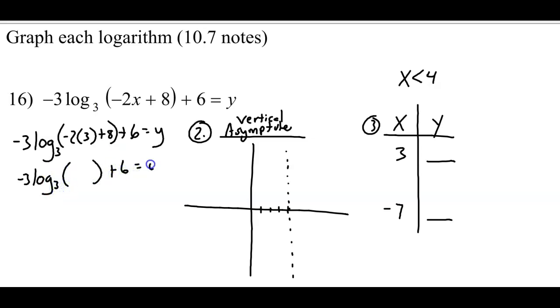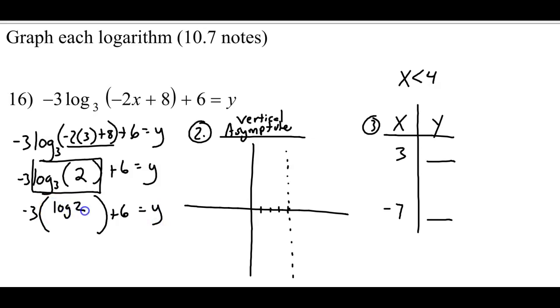The first thing we're going to do is we're going to simplify inside these parentheses. That's 2. The next thing we're going to do is we're going to do change of base on this. That would be log 2 over log 3. And that's going to be a calculator thing. So let's go ahead and do our calculator part here.